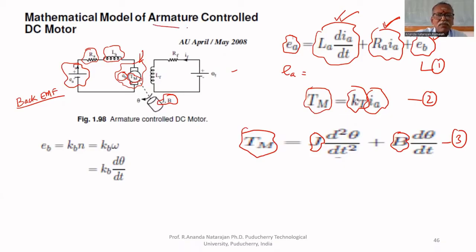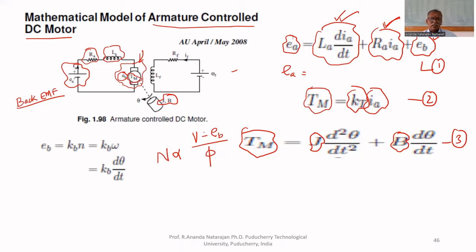Why is it called armature controlled DC motor? How can we control the speed of a DC motor? What are the methods available? N is proportional to V minus EB upon phi.